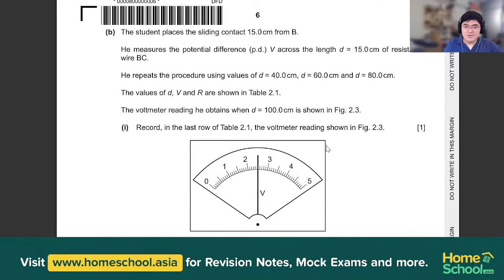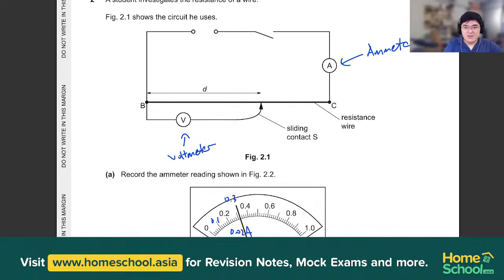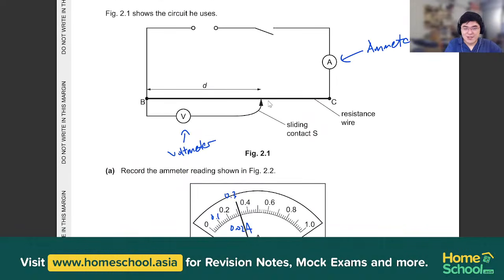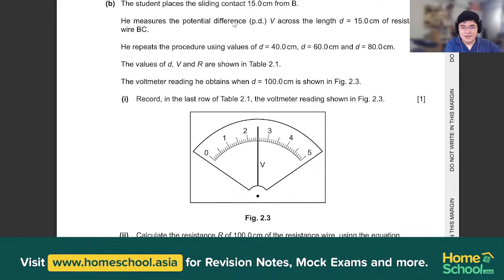Okay, so next thing, let's read through this question. The student places the sliding contact 15 centimeters from B. What does this mean? As you can see, the sliding contact is over here. The student places it 15 centimeters from B. Then this student measures the potential difference V across the length D, which is 15 centimeters of resistance wire.